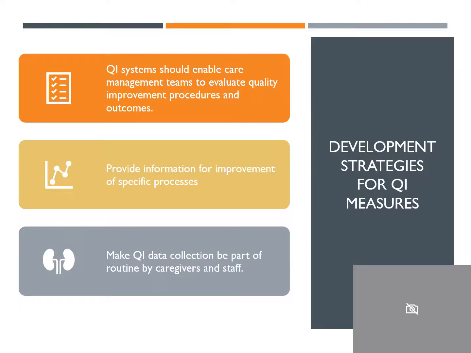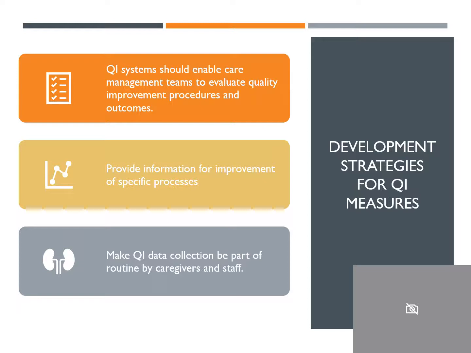What are some developmental strategies for QI measures? There are approximately 3 that I have listed in this slide. The first one is QI systems should enable care management systems to evaluate quality improvement procedures and outcomes.